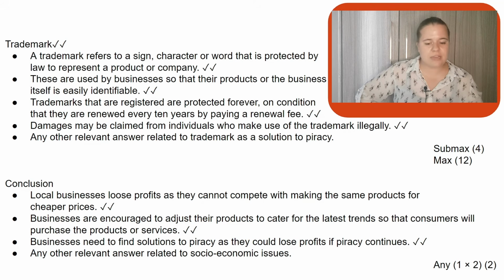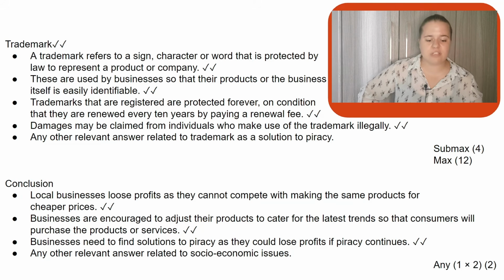Then the last one there for the solutions is trademark. A trademark refers to a sign, character, or word that is protected by the law and represents a product or company. These are used by businesses so that their product or their business itself is easily identifiable.